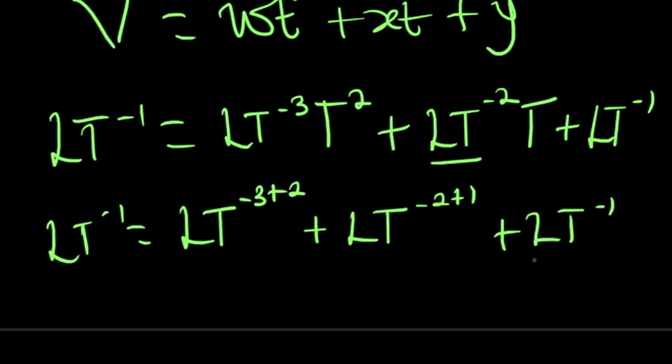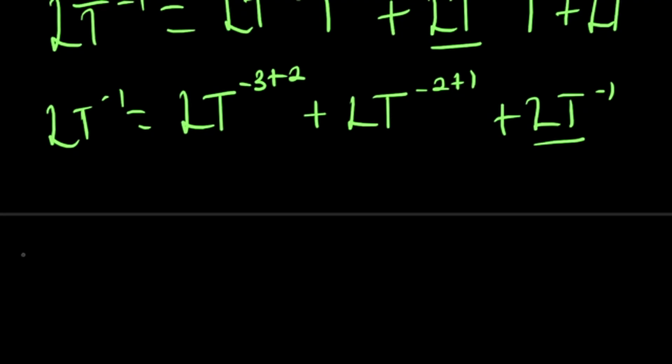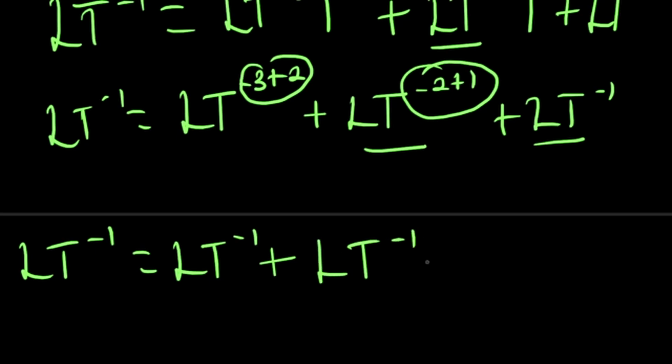This one is already in its simplified form, so we're not going to work on it. Here we have LT^-1 is equal to, so let's add: minus 3 plus 2 gives you a minus 1. Therefore, we have LT^-1 plus, for this one here, minus 2 plus 1 gives us LT^-1. Then plus LT^-1, which is this one here.